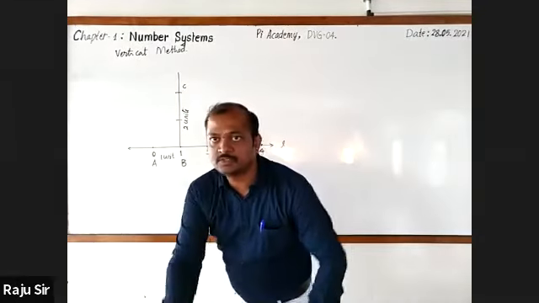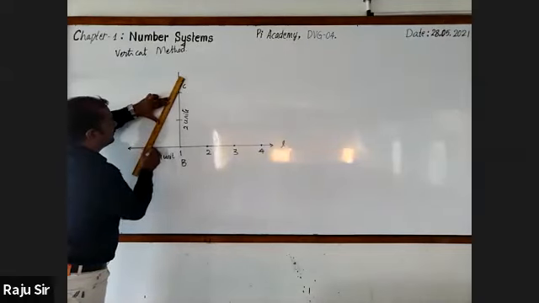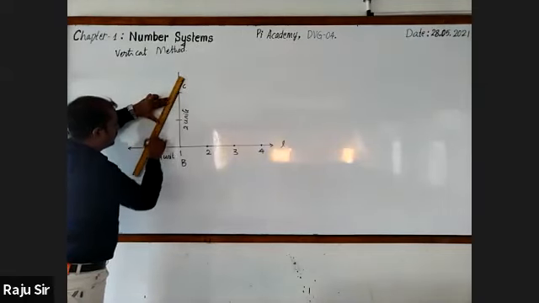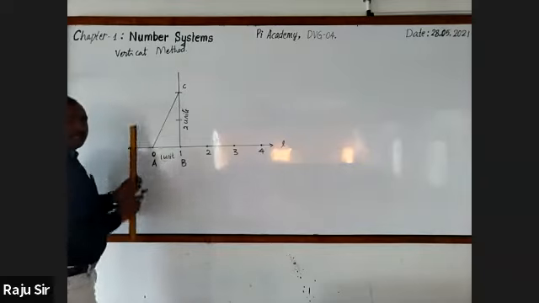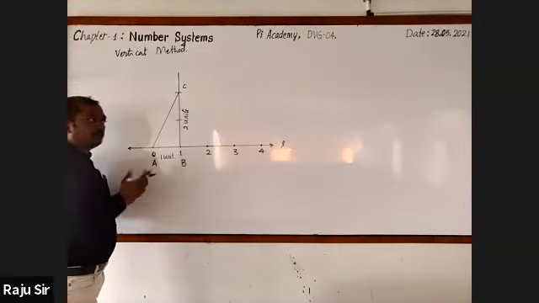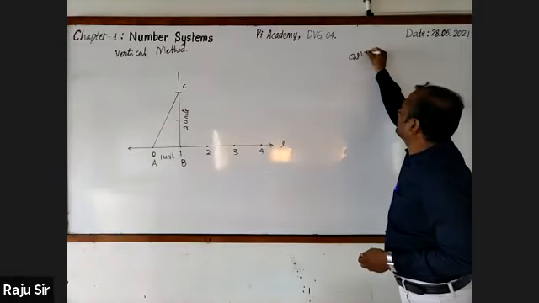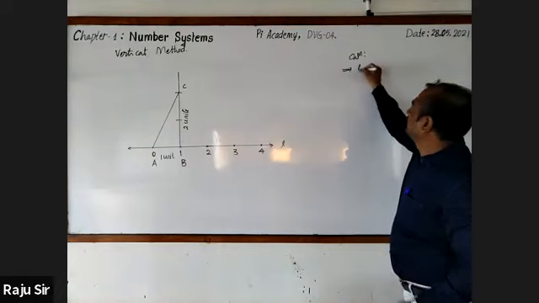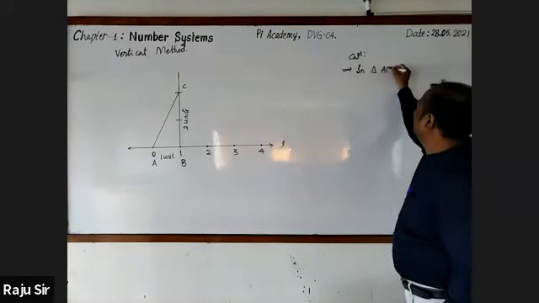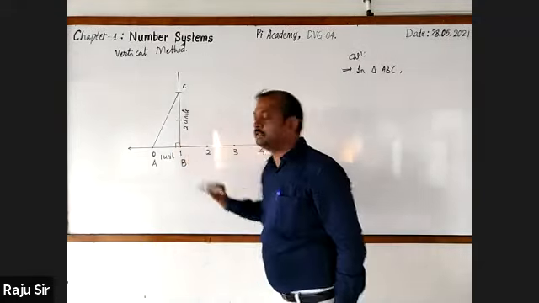Next, let's join AC. With calculation, we have already come to know AC is root 5. If you want to show that calculation, here I'll write. In triangle ABC, we all know that angle B is 90 degrees.